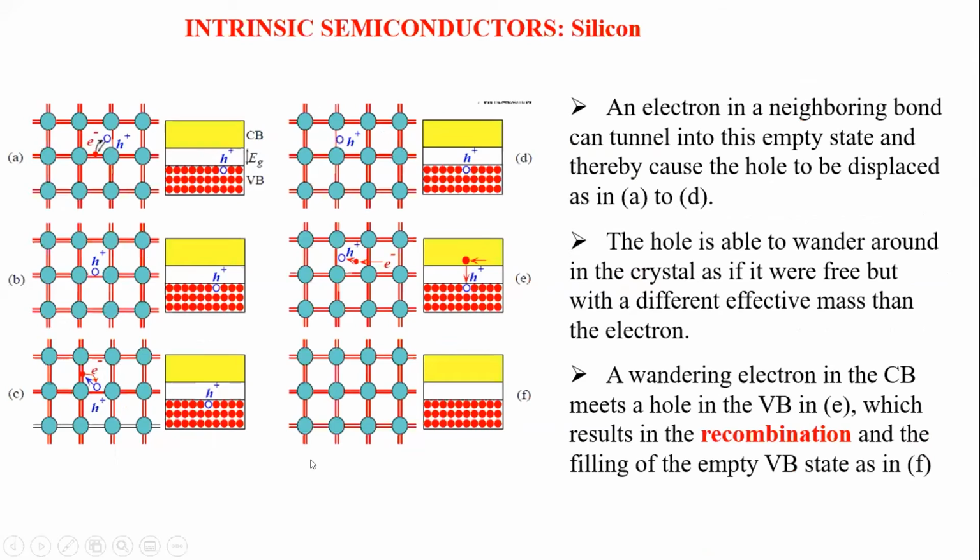Now, if the electron is free, is it the same? No. Whenever an electron is created and moving around the lattice, when it comes near a vacant site in a nearby bond, this electron starts to fill the bond and re-establish the bonding.